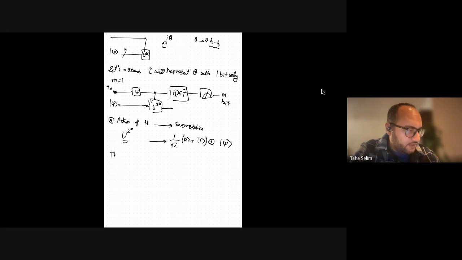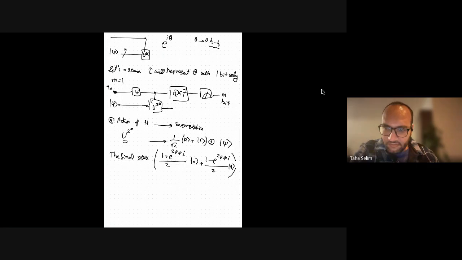Then the final state, if you work out the math, will be like this. Similarly, if I want to do it for 2 qubits, I'm going to share another screen just to show you the general case.